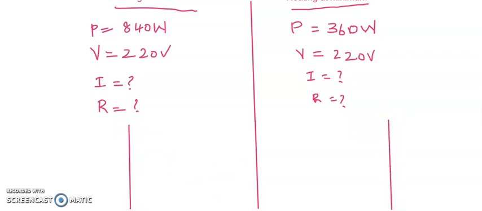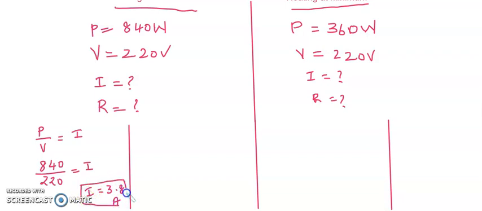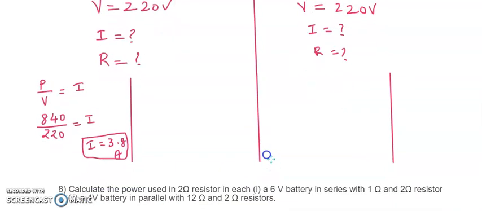Okay. So for the current, power is equal to V into I. So power divided by voltage will give me current. So 840 divided by 220 will give me the current. So current is 84 divided by 22, which is 3.8 ampere, right?